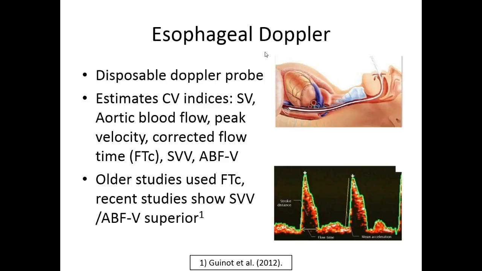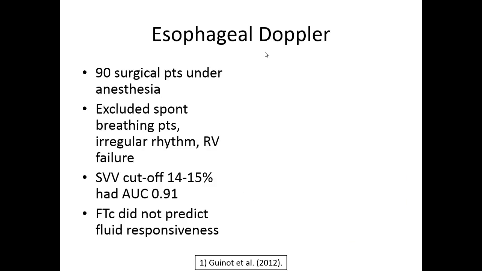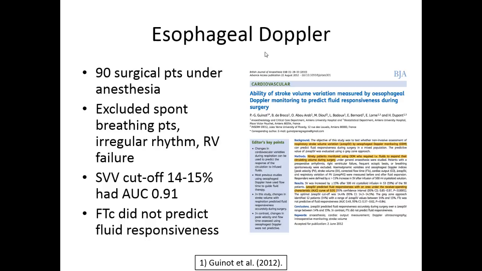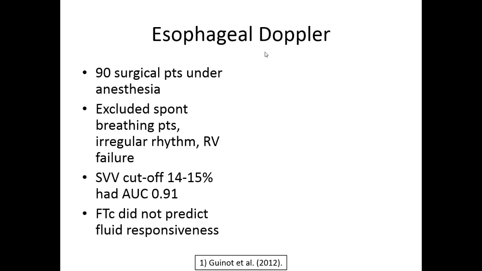You don't measure it before and after respiration or during respiration, so it's kind of gone by the wayside and does not perform as well as stroke volume variation as assessed by esophageal Doppler. There's actually a fair bit of literature on esophageal Doppler. Again, with excellent performance, an area under the curve of 0.9 in mechanically ventilated anesthetized surgical patients.